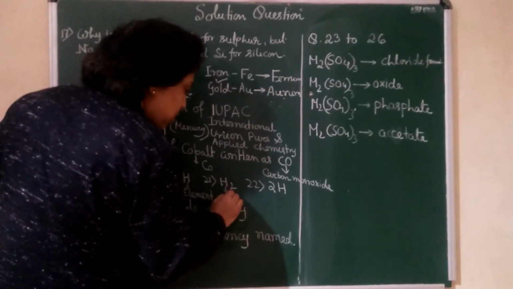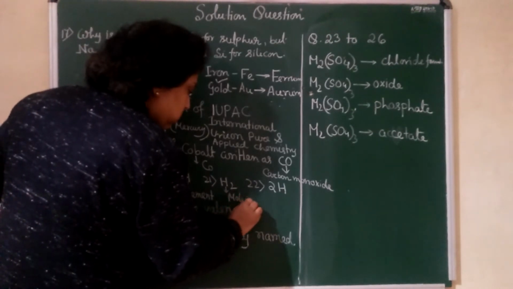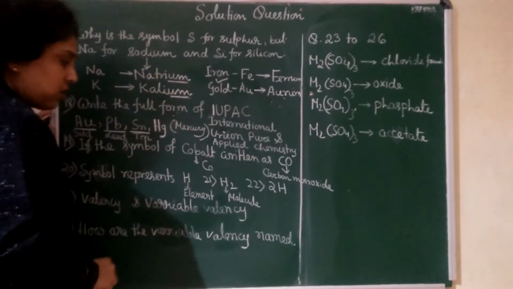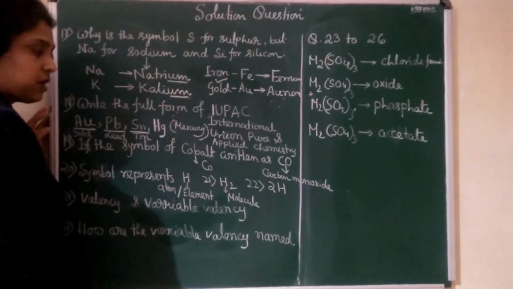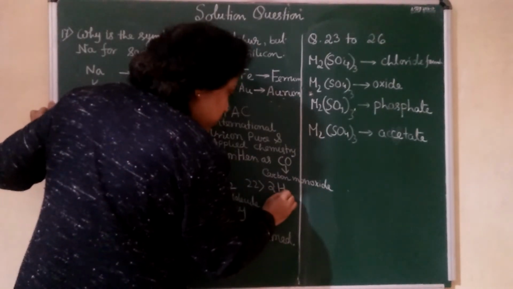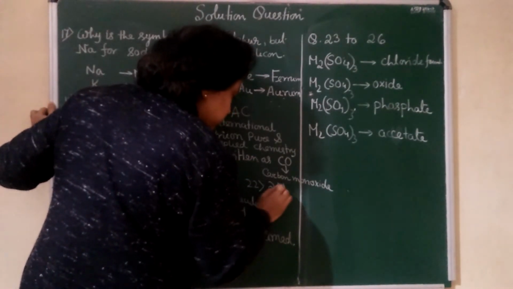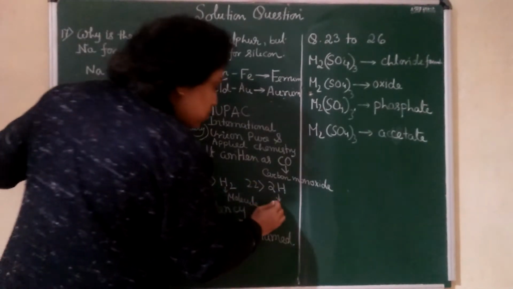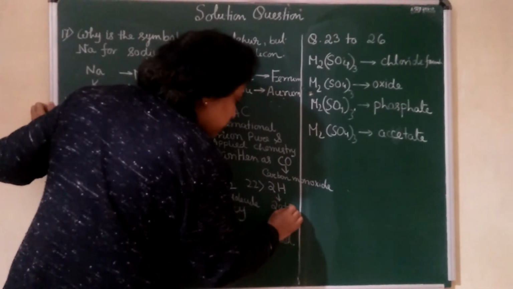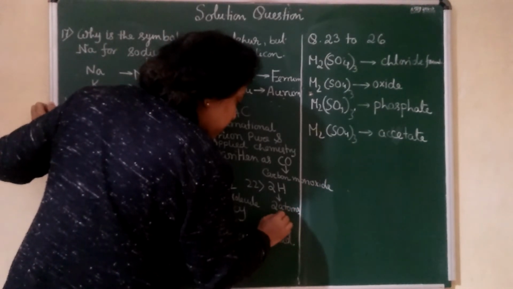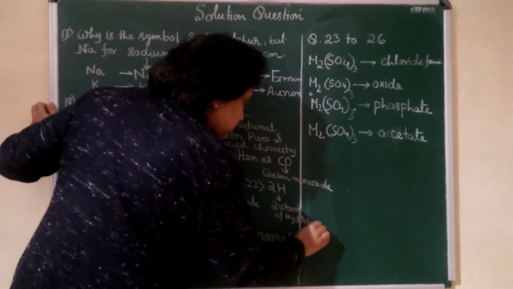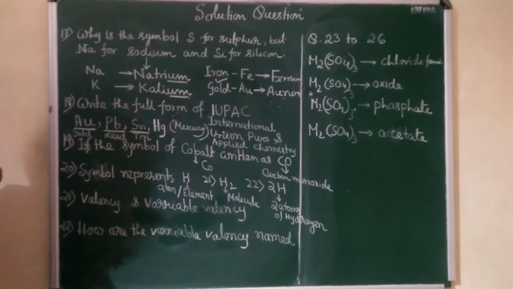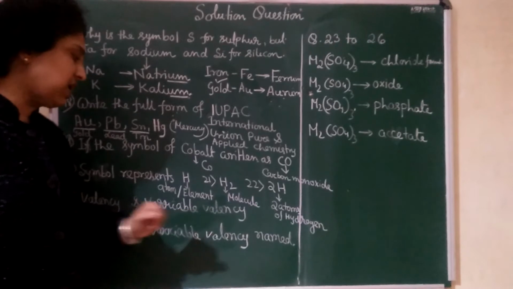H2 represents a molecule. For H you can also write atom, which is also correct. And 2H means 2 atoms of hydrogen.